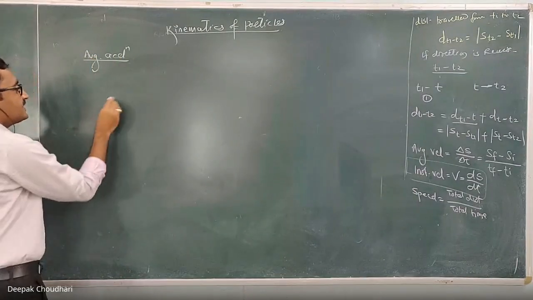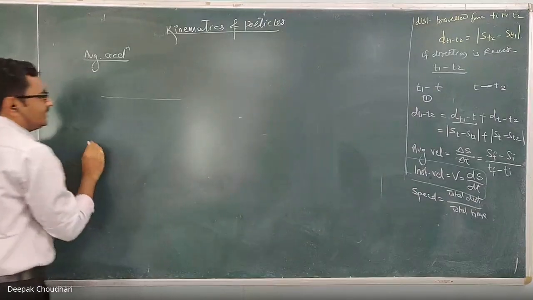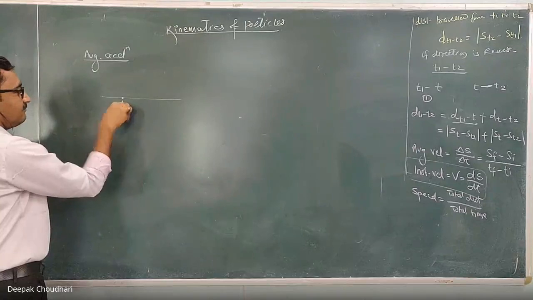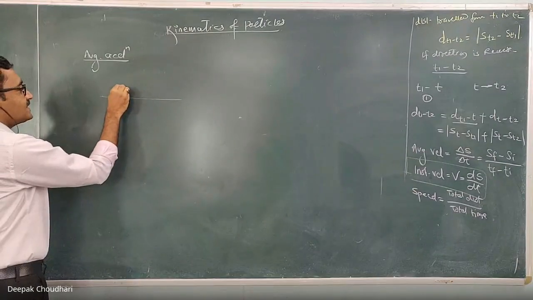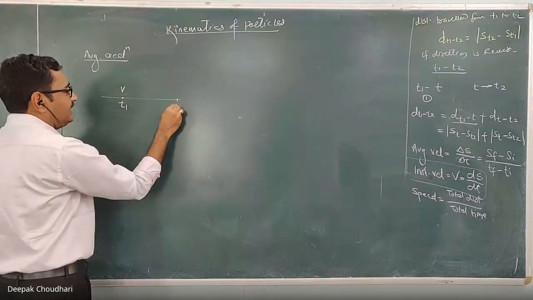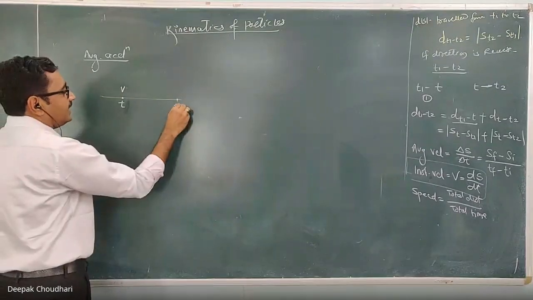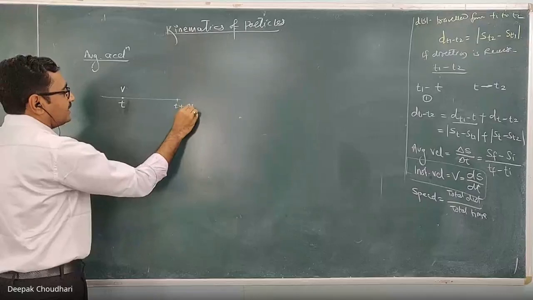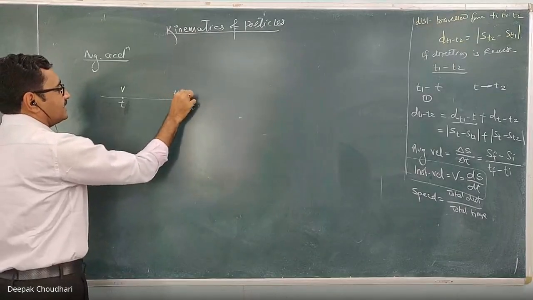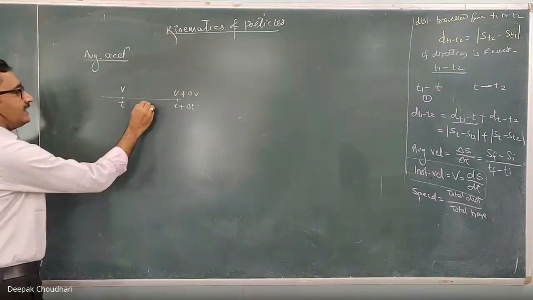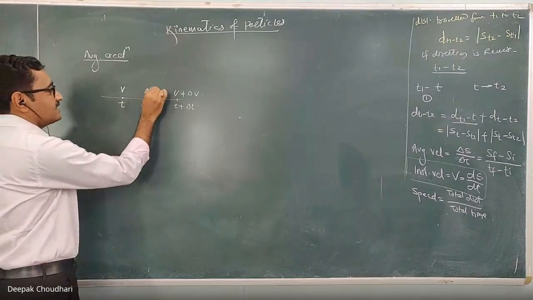Suppose one particle is moving along a straight line. At any time t, the velocity is v, and at time t plus delta t, the velocity is v plus delta v. It means that in this interval of time delta t, the change in velocity is delta v.